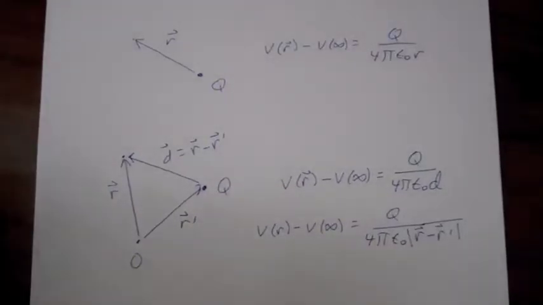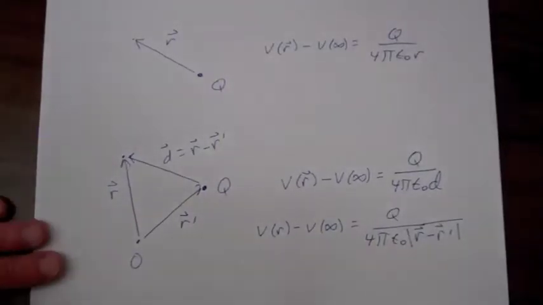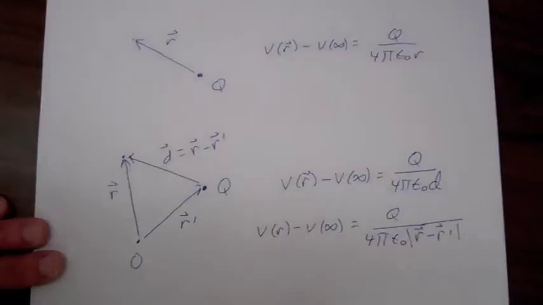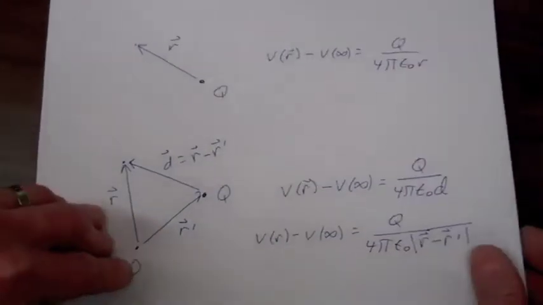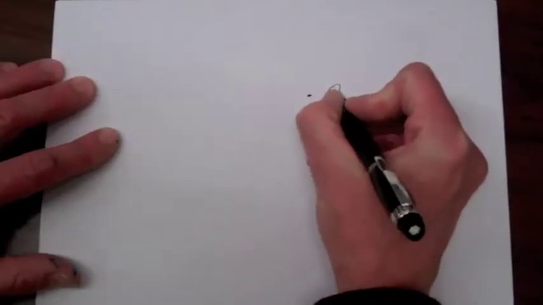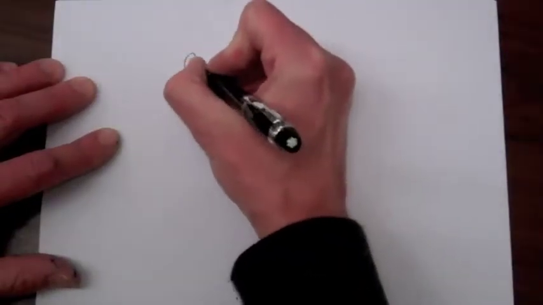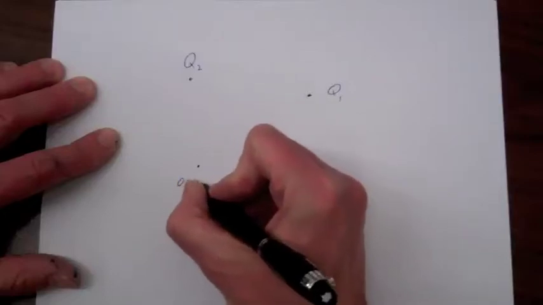So now we're in a position to determine the potential if we have more than 1 point charge. Let's assume we have 2 point charges, Q1 and Q2. Here's the origin.